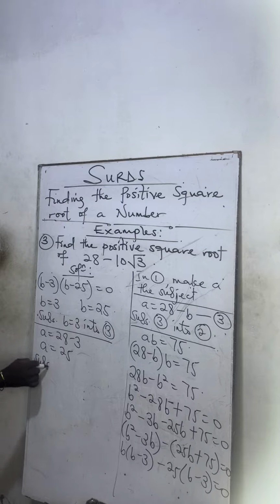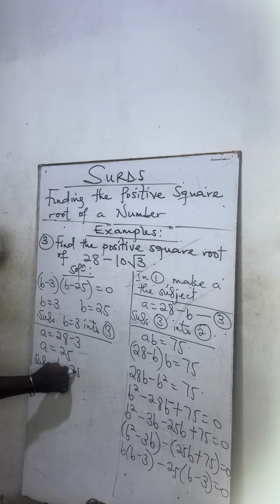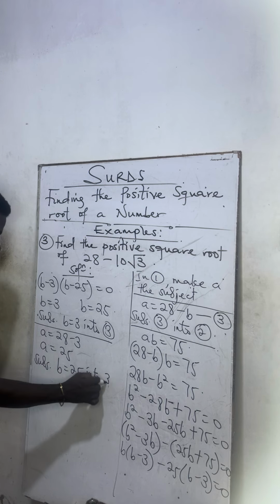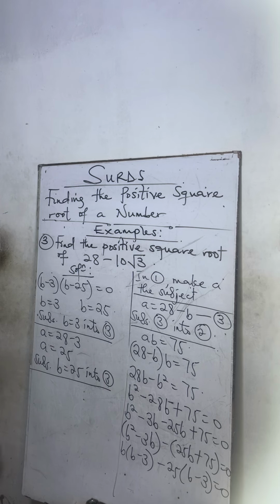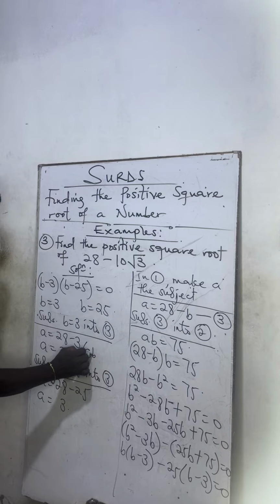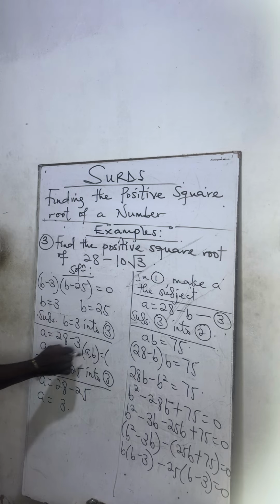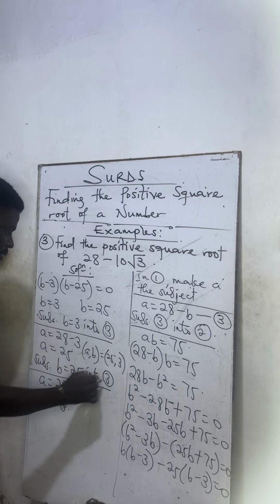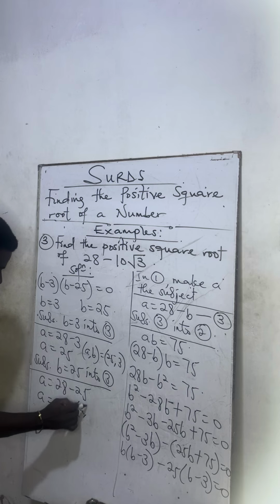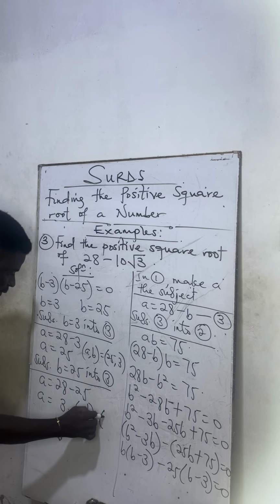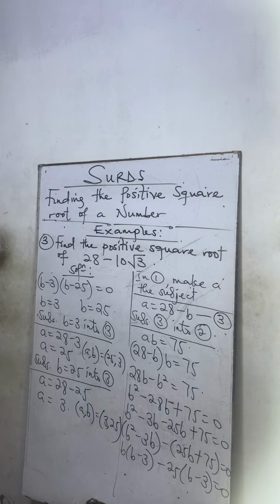We substitute again, B is equal to 25 into equation 3, so that we have A is equal to 28 minus 25, A is equal to 3. Now check something. In one case A is 25, B is 3. In the other, A is 3, B is 25.